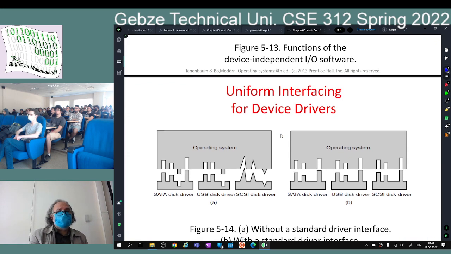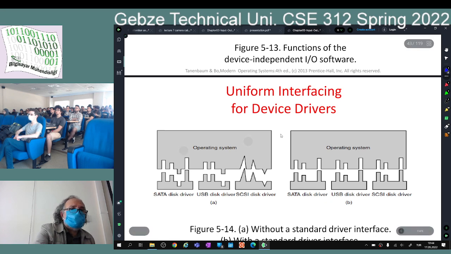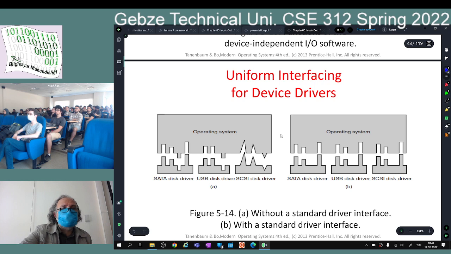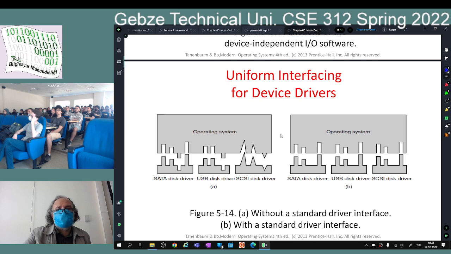As I said before, operating systems usually define their standards for device drivers. They say, I am the operating system. If you are going to be this driver, then you need to have this interface. If you are going to be a USB disk driver, you have to have this interface or this interface. Of course, we like this kind of interface because whatever you are, it is the same thing.